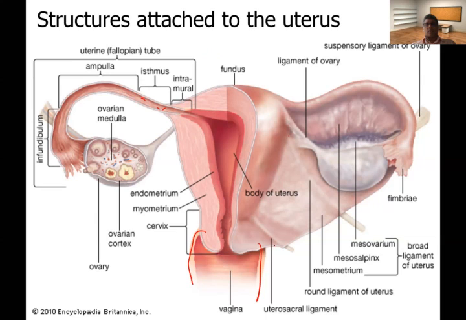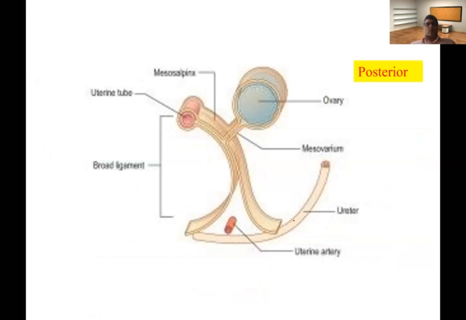This is the ureter. This is the ureter related to the lateral fornix of the vagina and the cervix of the uterus. We'll come back to it later. Okay. Now, this is how the ureter is related to the uterus.